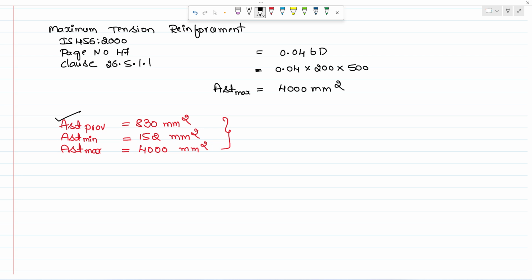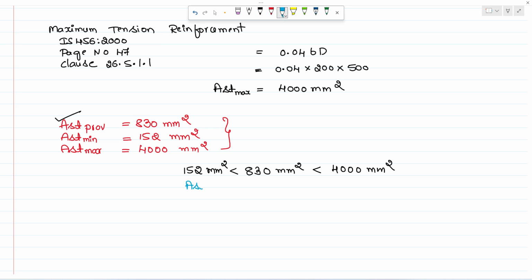So here 830, which is greater than minimum 152 mm square, and less than the maximum. What is the maximum value? 4000 mm square.